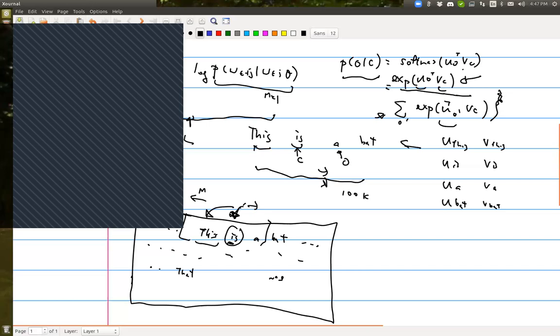So if you look at just this particular phrase and you want to update the filter, you should update not just the filter for the words in your loss L, but also, for example, U_that and U_was, and all the other U's, up to 100K depending on the size of the dictionary.